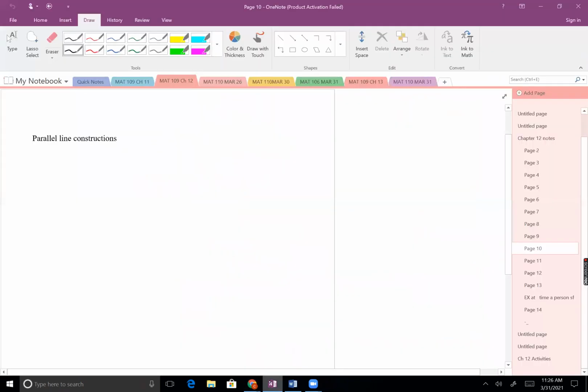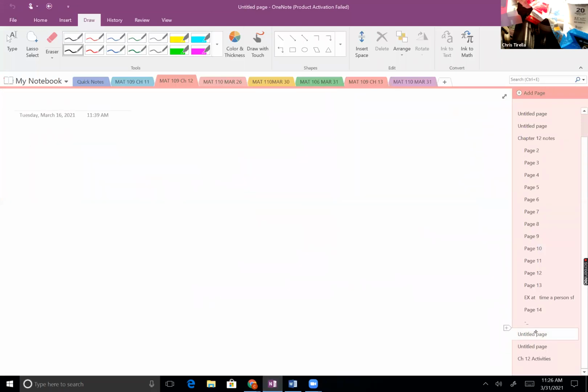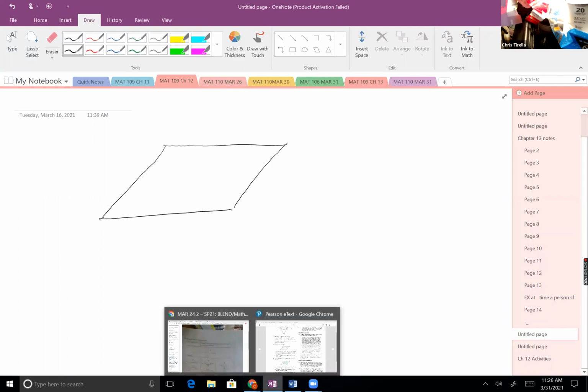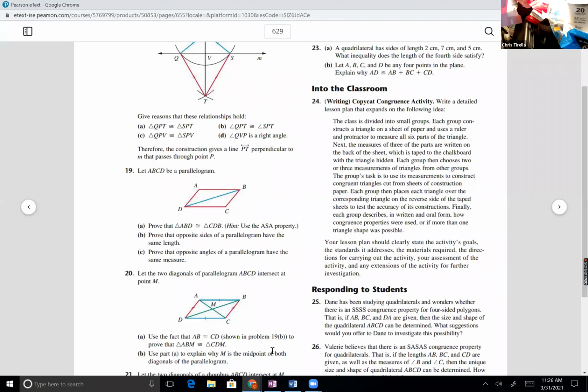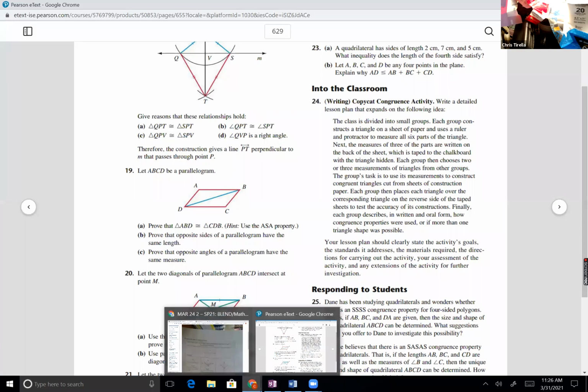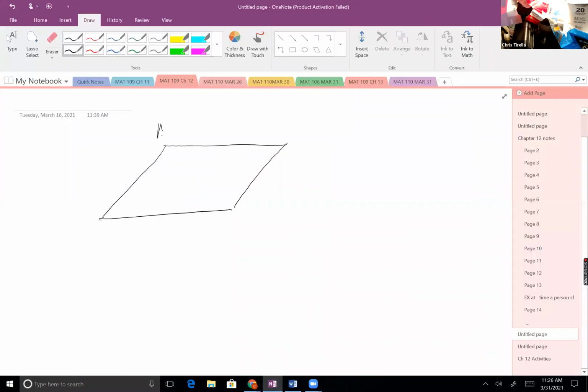Let's go to one of these untitled pages. What we've got here is a parallelogram. Let me try to label it the same way, A, B, C, D. And BD is drawn.